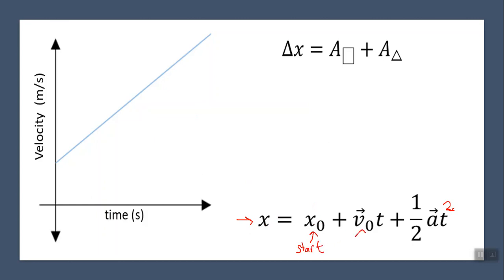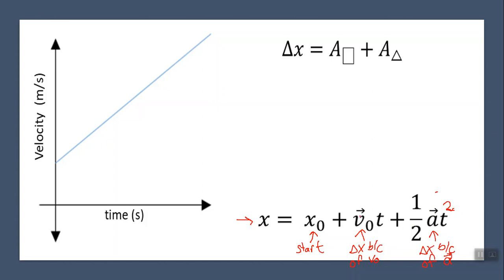And then it's going to change. Your initial position is going to change depending on how fast you're moving to begin with. Your initial velocity, the fact that you're already moving for an amount of time, is going to cause you to gain some position. But because we are accelerating, your position is also going to change depending on how much you are accelerating, this rate of acceleration over time.